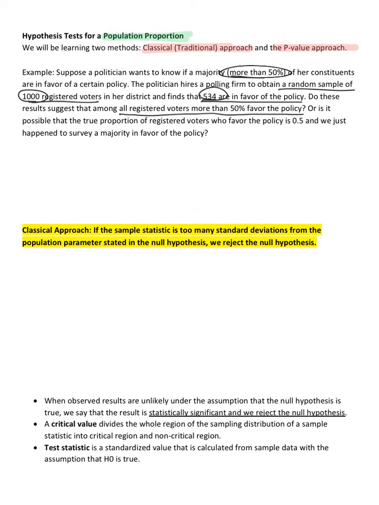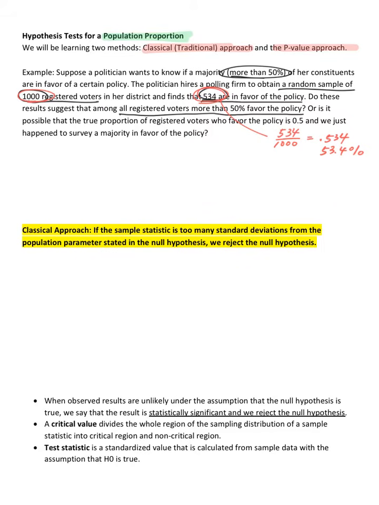And in our sample, we found that 534 favor the policy, which means that 53.4% of the sample favor the policy because we have 1,000 people in our sample, right? 534 divided by 1,000, that's 0.534, which is 53.4%. So this is our sample proportion.